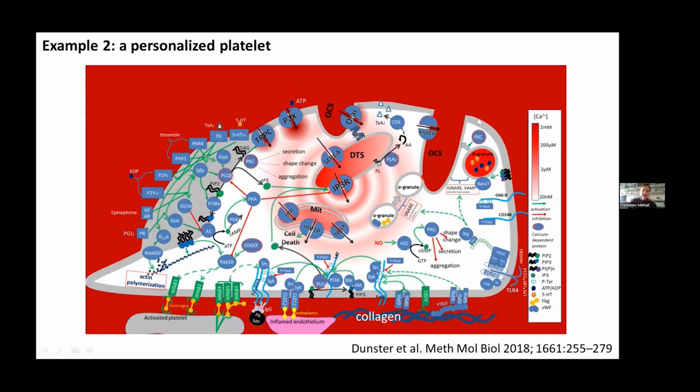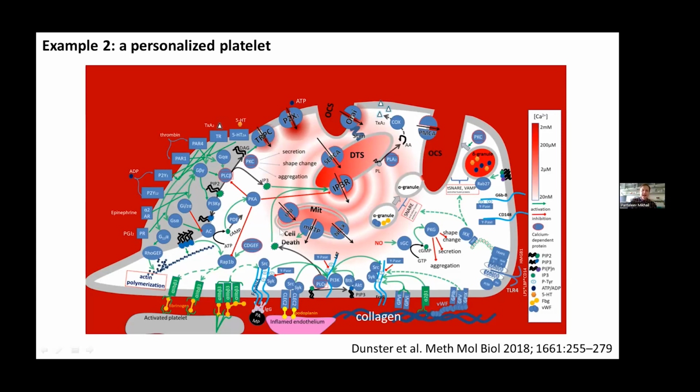So essentially, what we need to know is that there are several activators, including some produced by the blood coagulation system like thrombin, some released by other platelets, and some like collagen are activators that come in contact with blood upon vascular damage.